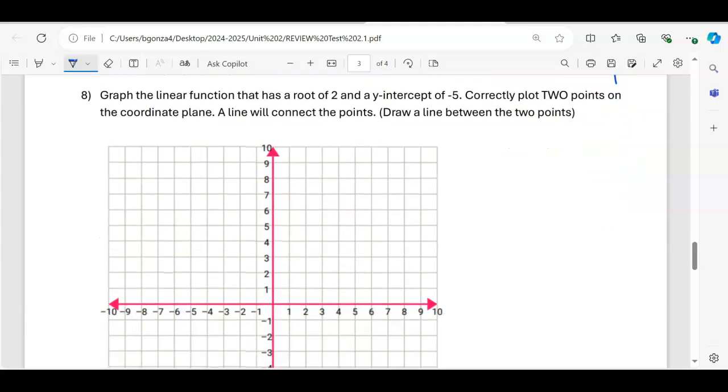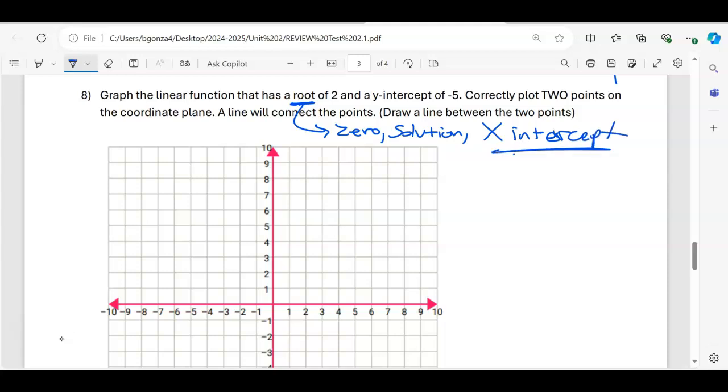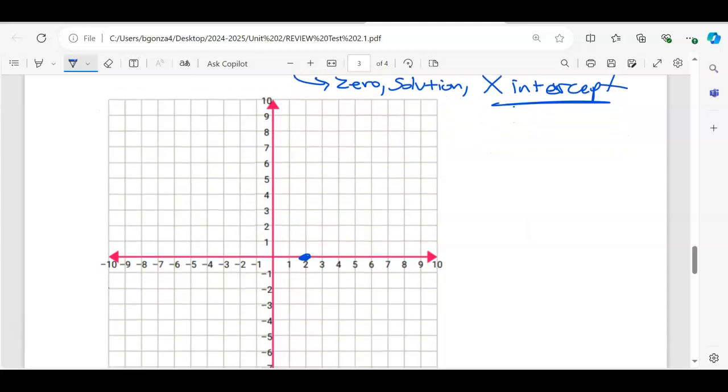All right. Now this is graph a linear function that has a root. What's another name for a root? We've gone over this many times, but a root is a 0, a solution, or most importantly, x-intercept. Very important. So the x-intercept is 2, so put a point at 2 on the x. Y-intercept is -5, put a -5 on the y.